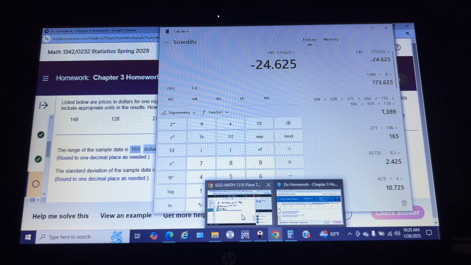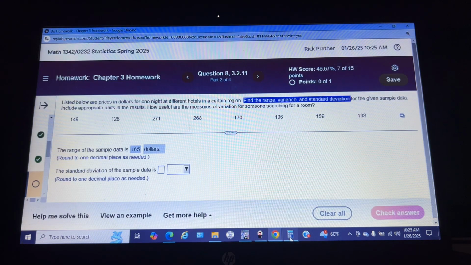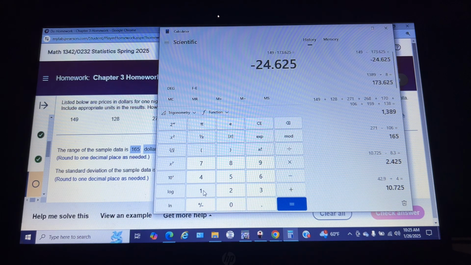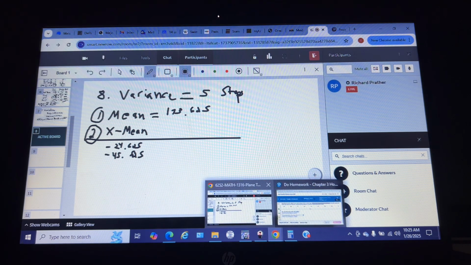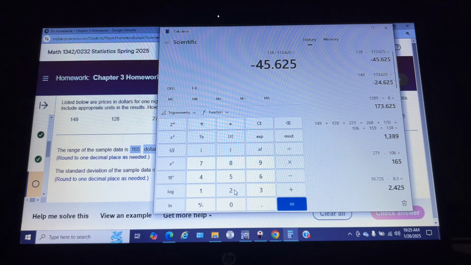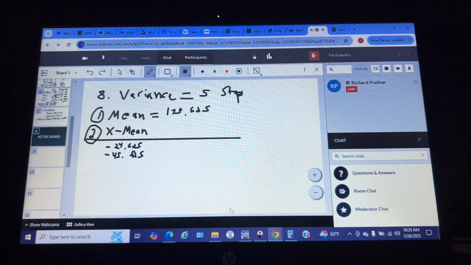So the first number is 24.625 below the mean. That's why it's negative, negative 24.625. The second number is 128 minus memory recall for the average. This one's below the mean, negative 45.625. You just have to do this for all 8 of them. The third number is 271, so 271 minus the mean is above the mean.